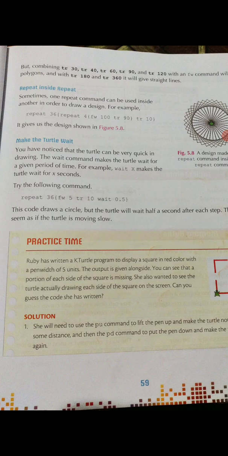When the turtle is in a waiting position, you will find that the turtle is very slow while displaying its command. In the meantime, the turtle is in its waiting position, but on the computer screen it displays as if the turtle is very slow. Clear this much? Understood? No doubts regarding this?